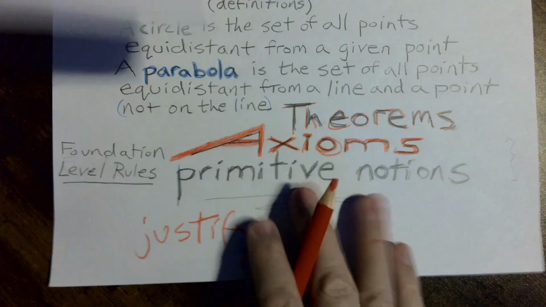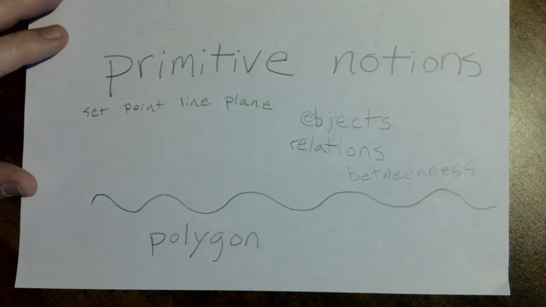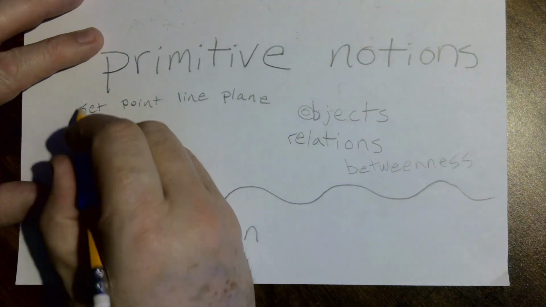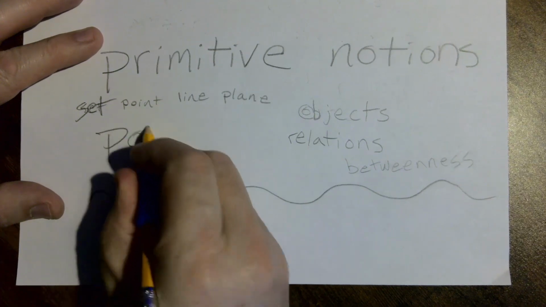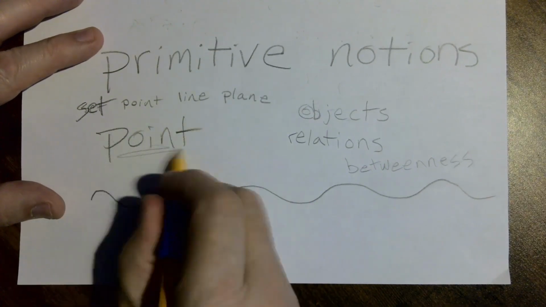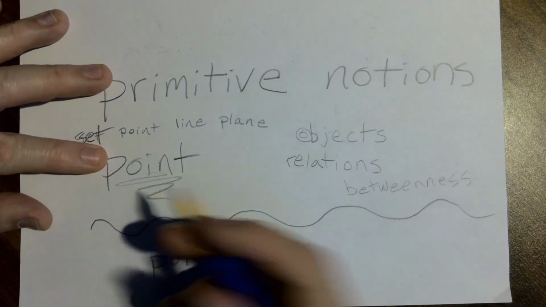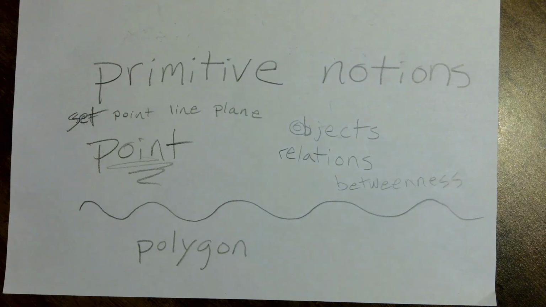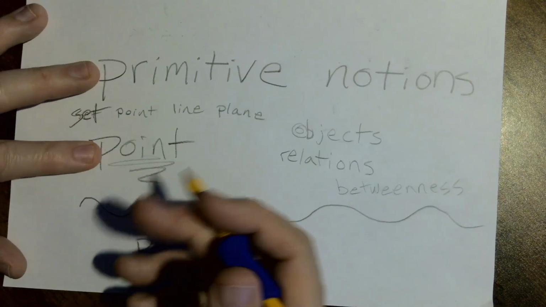All right, so let's talk a bit about primitive notions. Primitive notions are things like set, point. Let's not have a definition for this. There'd be no end to it. We would just have to keep defining the words in the definition. Can we just agree?